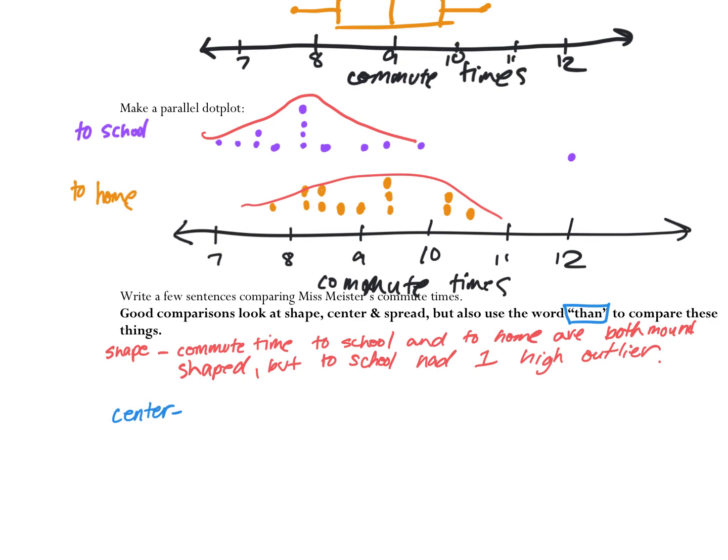I'm writing this up there because it caused some issues yesterday of what I mean by describing the shape, the center, and the spread. If I'm just describing a distribution, I just say the median is approximately this, or the mean is approximately this.